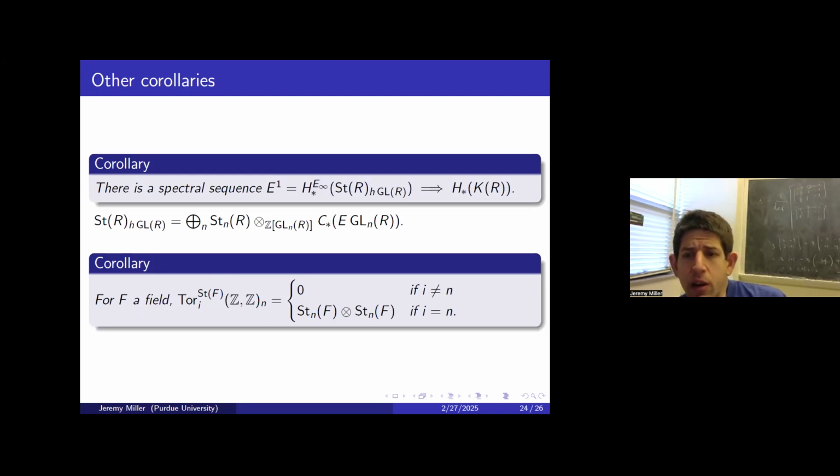Yeah, so I mean, you get a corollary that there's a spectral sequence with E1 page, the E infinity homology of, now here it's an actual E infinity algebra, where you take the Steinberg module. You basically take a chain complex that's computing this by Steinberg homotopy orbits GL.